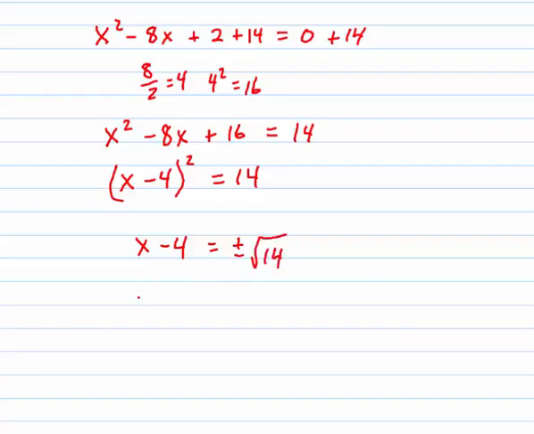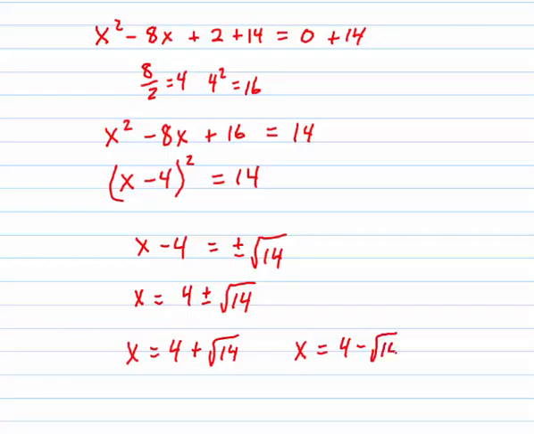And then we add 4 to both sides. x is equal to 4 plus or minus square root of 14. So two answers, x is equal to 4 plus square root of 14, clearly a positive number, or x is equal to 4 minus square root of 14. That's still a positive number, because it's a little bit less than square root of 16, which is 4. So this time we get two positive numbers, but two answers.